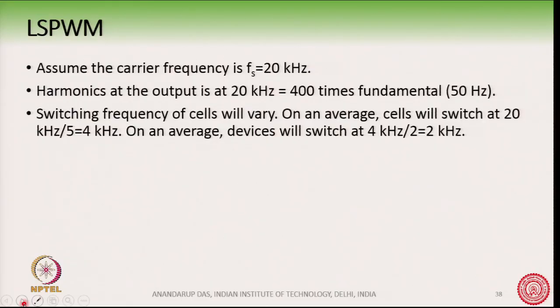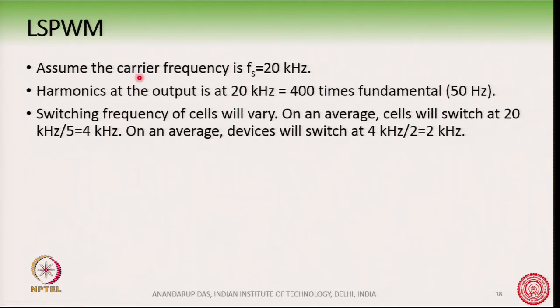There the triangular frequency, or the carrier frequency, was less, 2 kilohertz, because it was equal to the switching frequency of the device. Here the carrier frequency is 20 kilohertz, it is much higher. However, the average switching frequency will be still 2 kilohertz or same as phase shift PWM. We will see that.